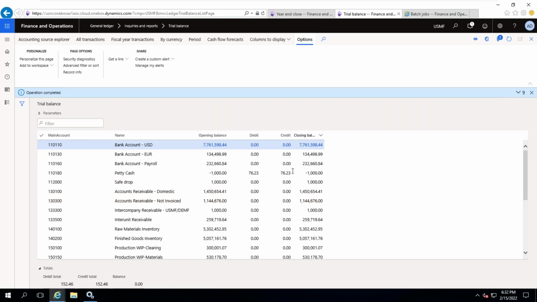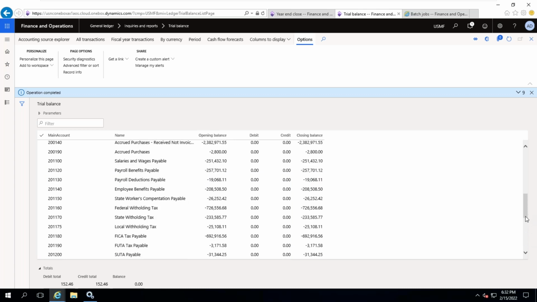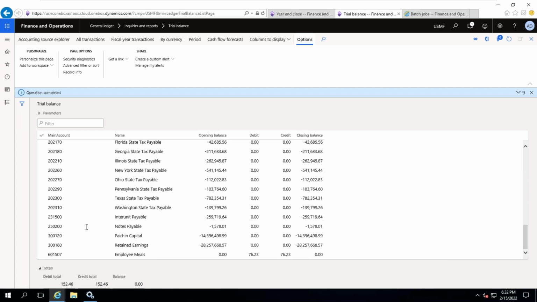The closing balances will be the opening balances for the next year, 2020. It will be only assets, liabilities and equities. Look at this: opening balance for the 6 series will not be there.